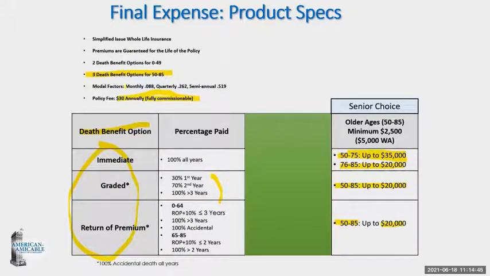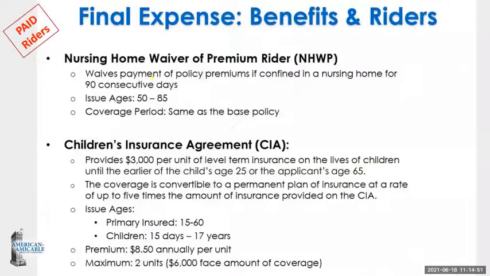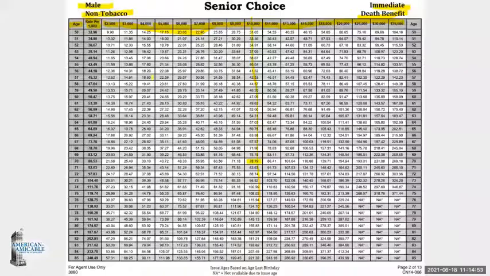And these are the modal factors, 0.088 to get it to be monthly. And it's all on that guide with these rates. It's a pretty big document because not only is it male non-tobacco immediate death benefit, they have male tobacco, female non-tobacco, female tobacco, immediate, graded, return of premium and all that. So you can see down here, it's 13 pages of rates. But like I said, they make it very simple for you.